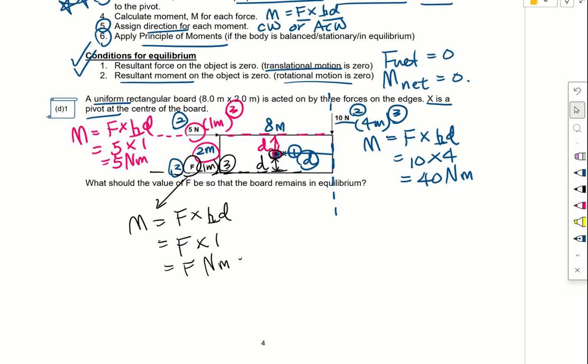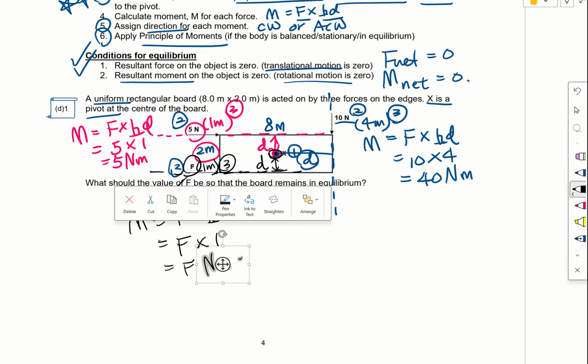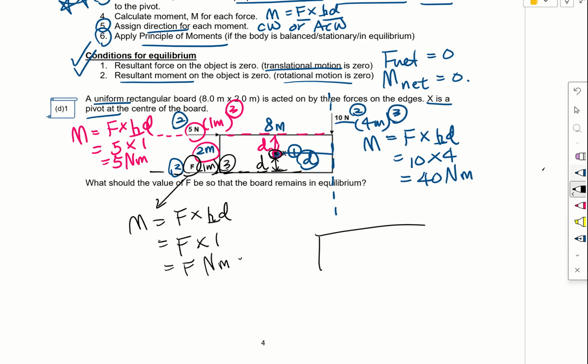Okay, so once we have calculated the moments, we can then find the direction of each moment. So this is where you apply the pen trick, right? For example, for the 10 Newton meter, the pivot is here, you hold the pen in the center, then you apply a force on the right hand side of the pivot, because this is what the 10 Newton looks like.